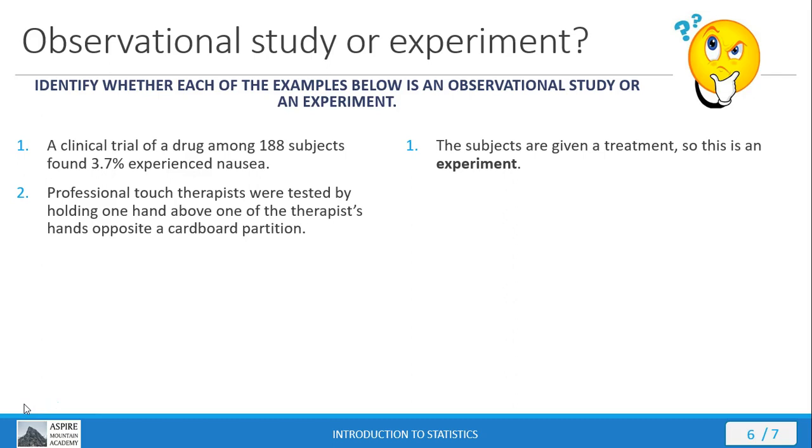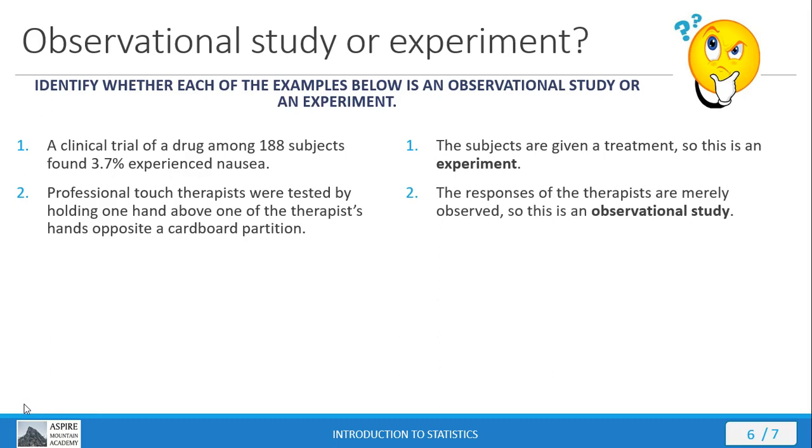Because of the partition, the therapist can't see which hand and must rely on the sense of touch to judge proximity. Observational study or experiment? Well, this is an observational study because there is no treatment administered here. The responses of the therapist are merely observed.